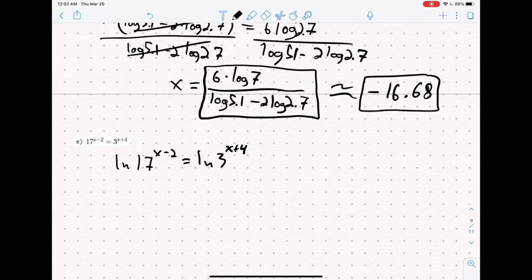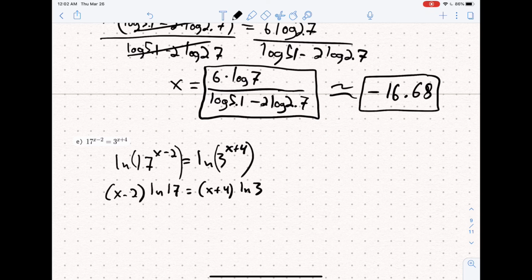Now, we use the rule that says we can take those powers and move them into the front. So we have x minus 2 times ln of 17, and that's equal to x plus 4 times ln of 3.